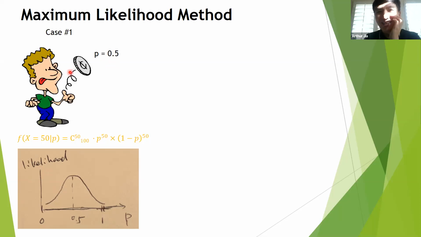Now, based on this situation, if this guy tosses this coin diligently for 100 times, and the true value for p is 0.5, do you think the most possible outcome is the guy will get 50 heads and 50 tails? Do you agree with that?